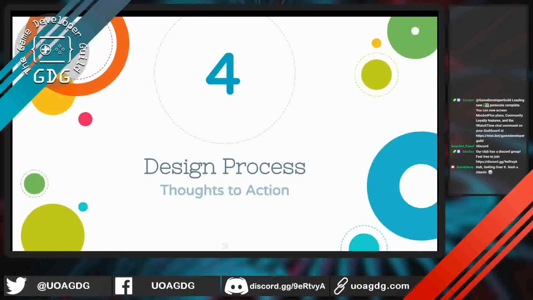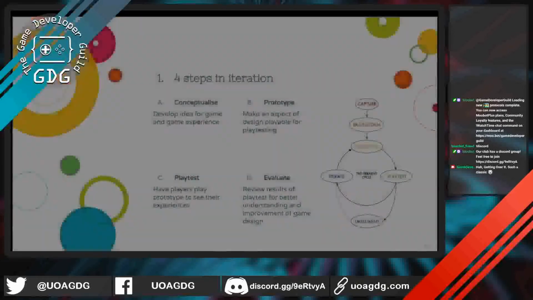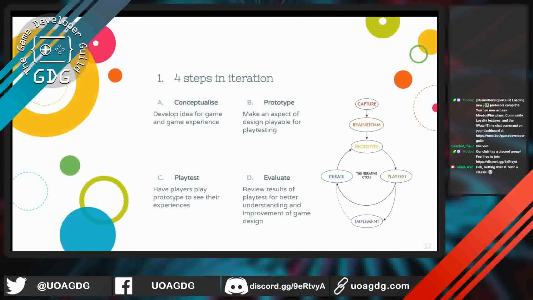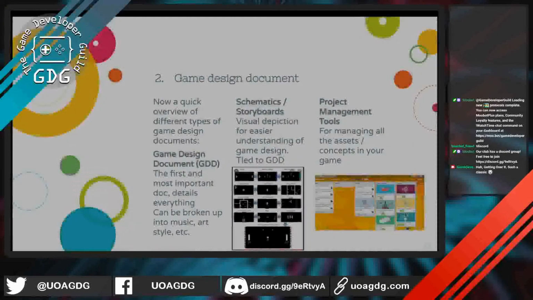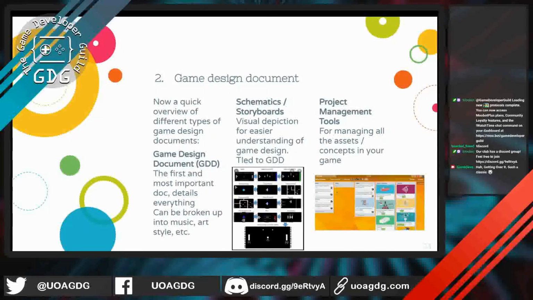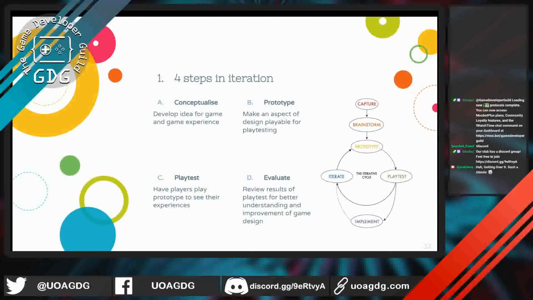Now, design process. Thoughts to action. So I'll briefly cover the iteration and the game design document. The main gist of this, I won't go into too much detail, because if you've just started design, then even going into this cycle would be a huge step.